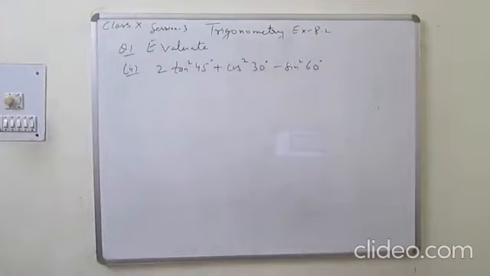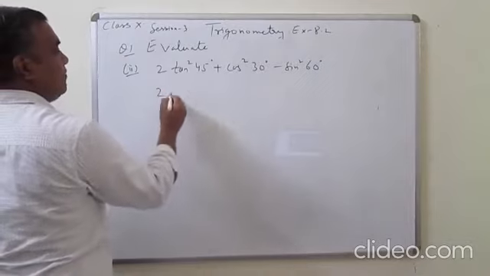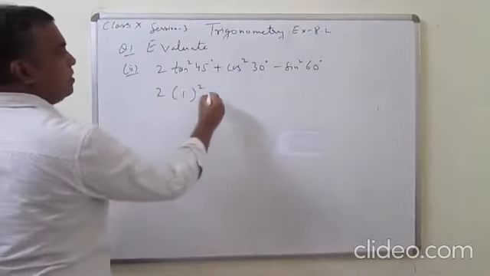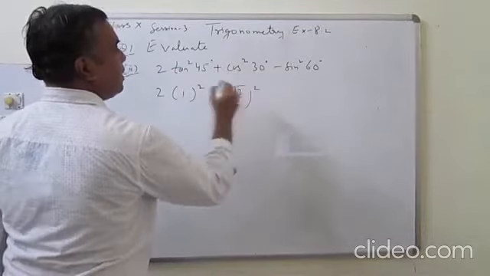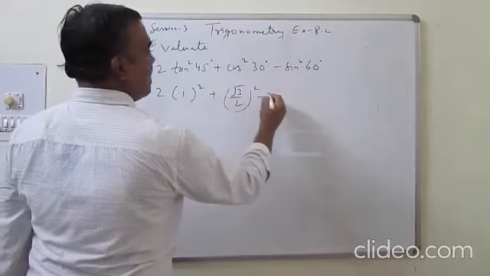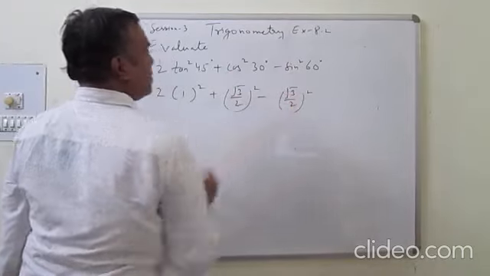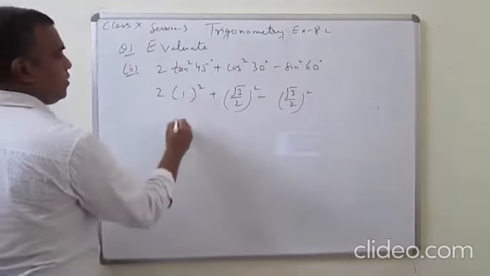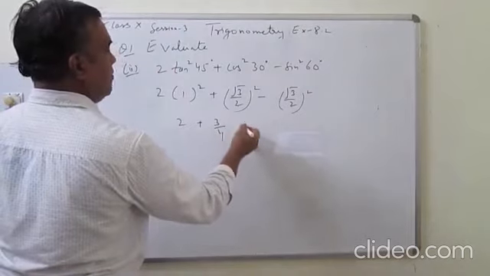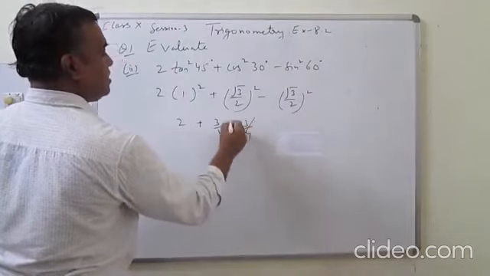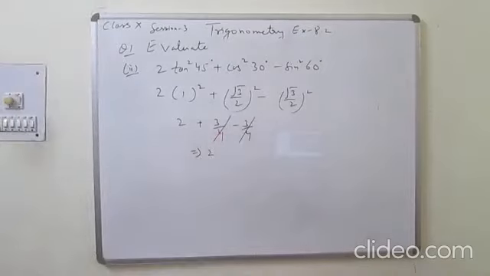Now evaluate it. See here, value of tan 45 is 1, it is square. Value of cos 30 is √3/2, it is whole square, minus sin 60, it is √3/2 whole square. Now 2 into 1 is 2, plus 3 upon 4 minus 3 upon 4. This will cancel out and you will get 2 as the answer.